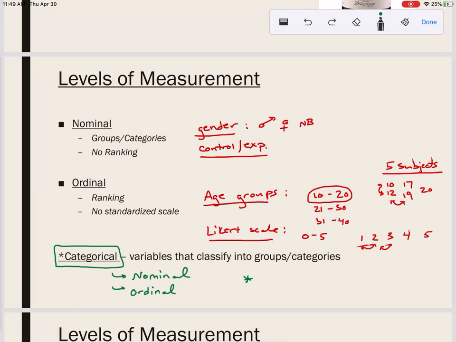Let's say that I was doing age groups. Isn't that categories and groups? Yeah. But a very important point here: all nominal variables are categorical, but not all categorical variables are nominal.